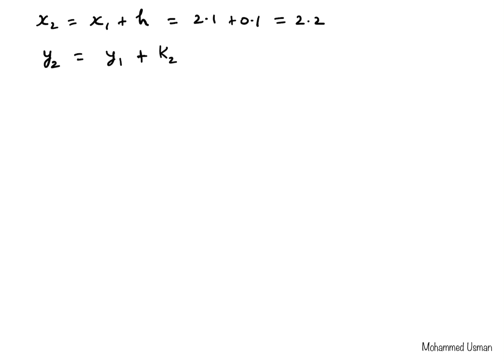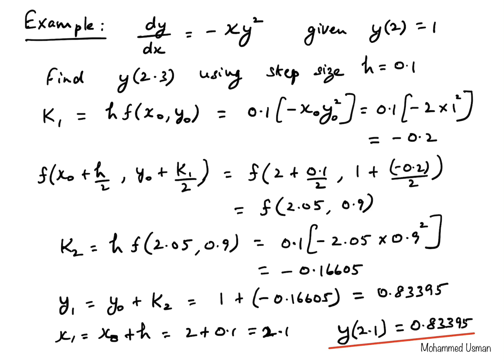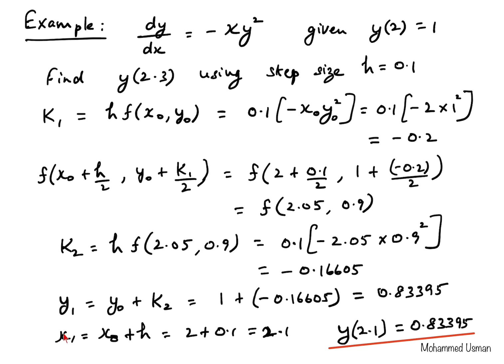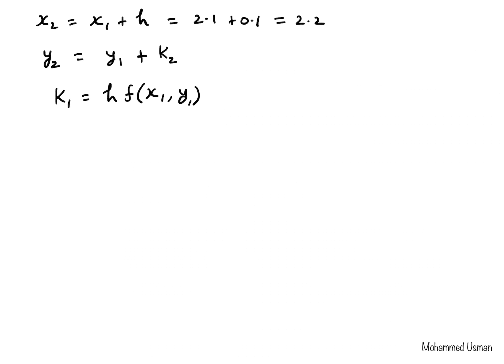So we call this added term to the previous value of y as k2, and to find k2 we need k1 first, right? So k1 is equal to h into f of x1, y1. Previously when we computed k1, it was h into f of x0, y0. Now k1 is h into f of x1, y1, because we have the new values of x and y, which are x1 and y1. So we'll use that to compute the new value of k1.